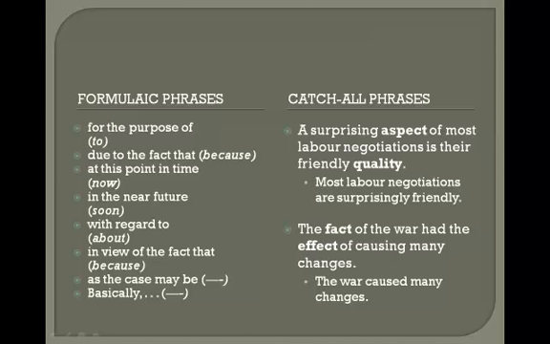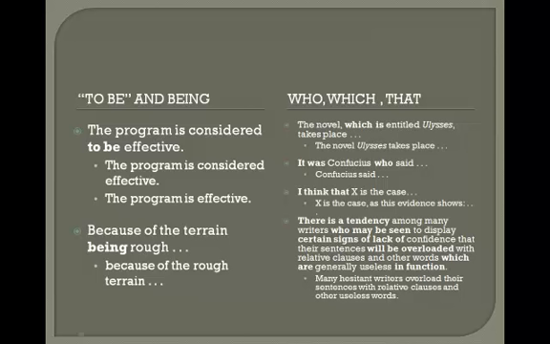So already the reader gets a little bit bogged down in the words, where what we're really saying here is that most labor negotiations are friendly. Now, it's important in this context, apparently, that they are surprisingly friendly, and so we can add that in as an adverb later. Most labor negotiations are surprisingly friendly, but that sort of revision is much clearer and reduces a lot of words that get in the way of our meaning.